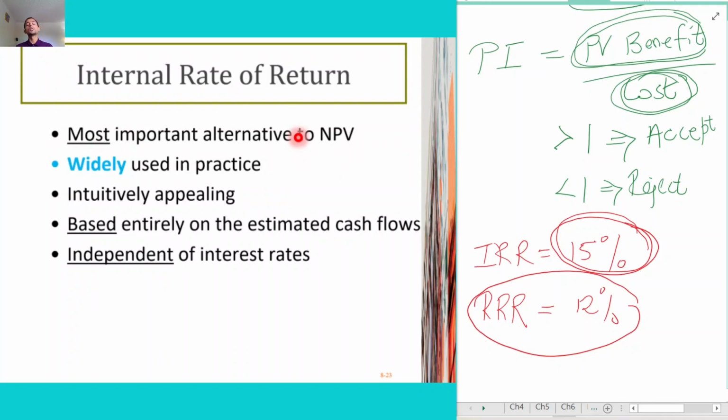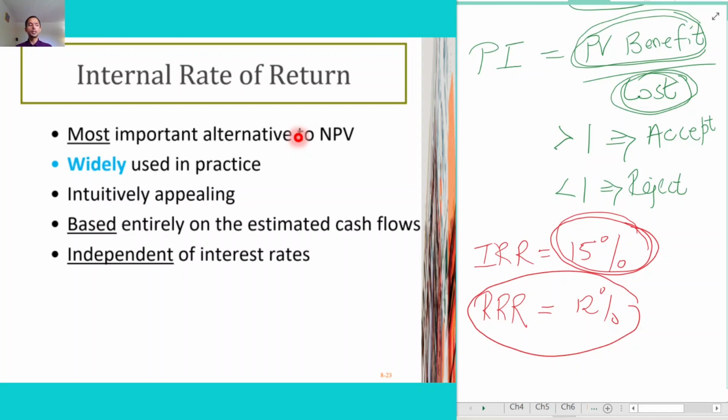There was a research done on companies, on what capital budgeting tool they use the most. Number one was NPV, I think about 97% of the respondents, the financial managers from US corporations, said they use NPV.